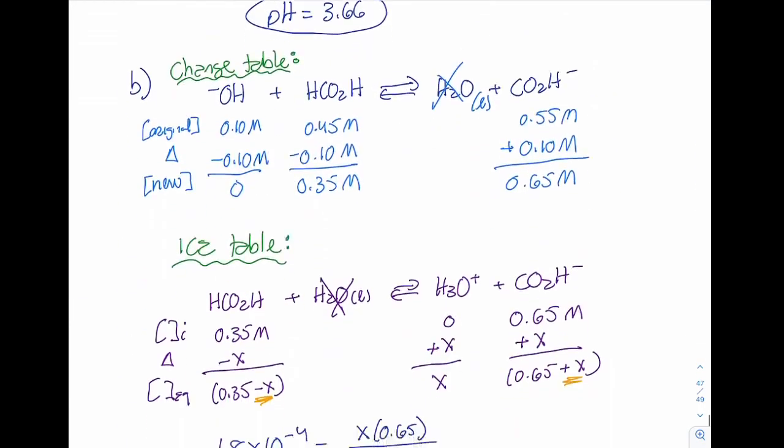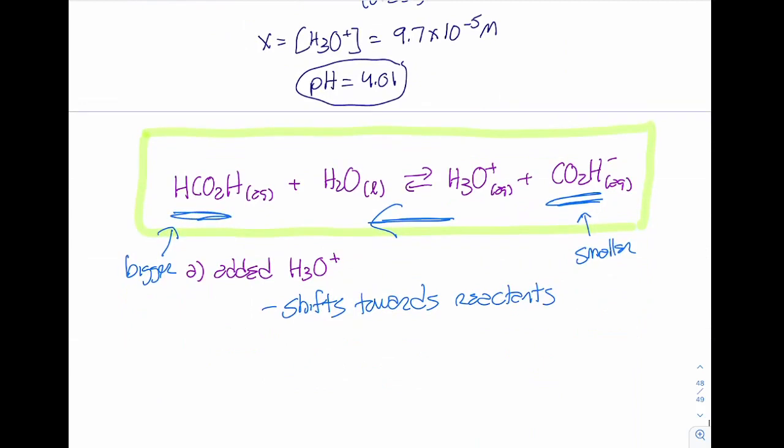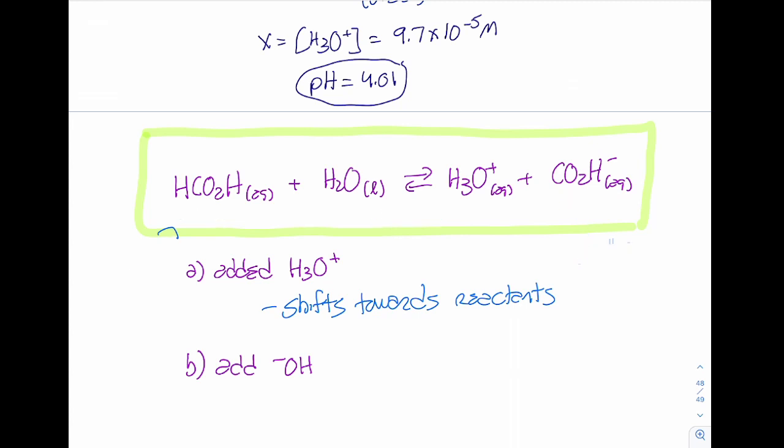And then going back down, part B, we added hydroxide ions. And this one might not be super obvious at first. Let me get rid of some of this stuff. What we're doing when we're adding hydroxide ions is we're removing acid.